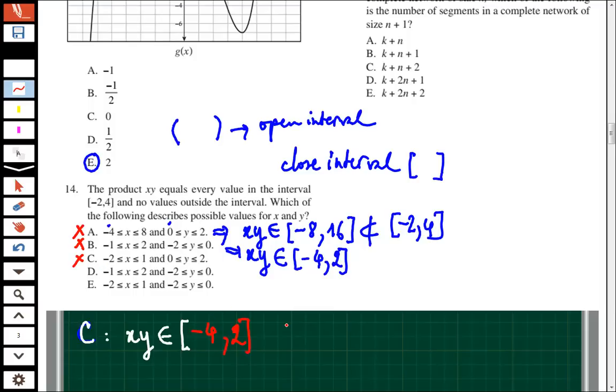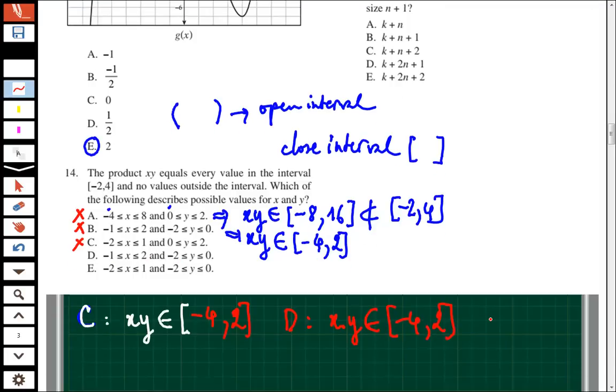Option D, x times y will be in the interval -4 and 2. No, neither.